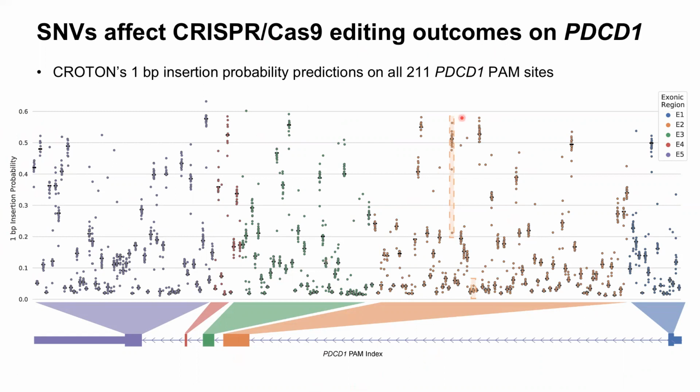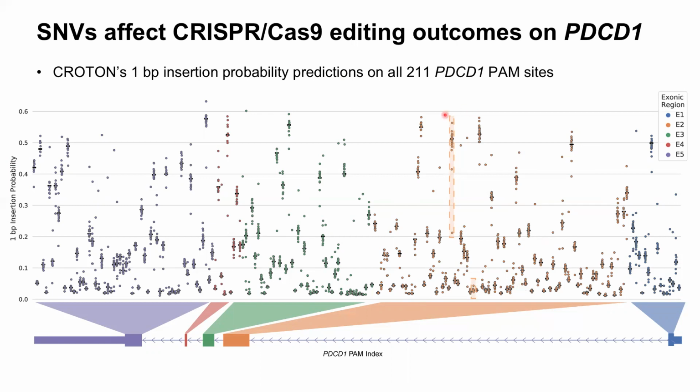In addition, you can also see these two orange boxes, which indicate the targets of the two guide RNAs that were utilized in that non-small cell lung cancer clinical trial that I previously mentioned. Looking overall, zooming out at the whole gene body, you can see the one base pair insertion probability in PDCD1 varies considerably across the coding regions.